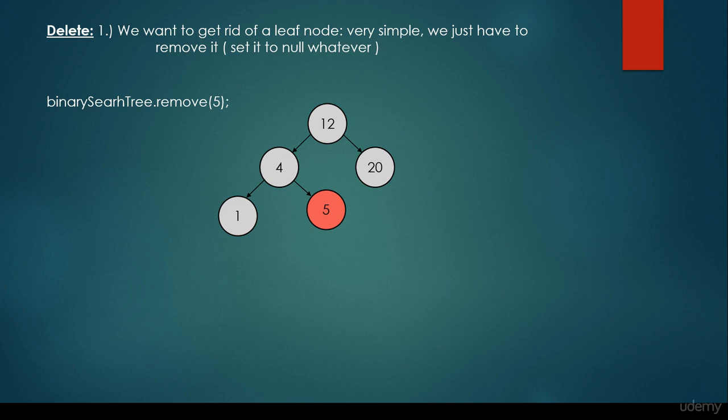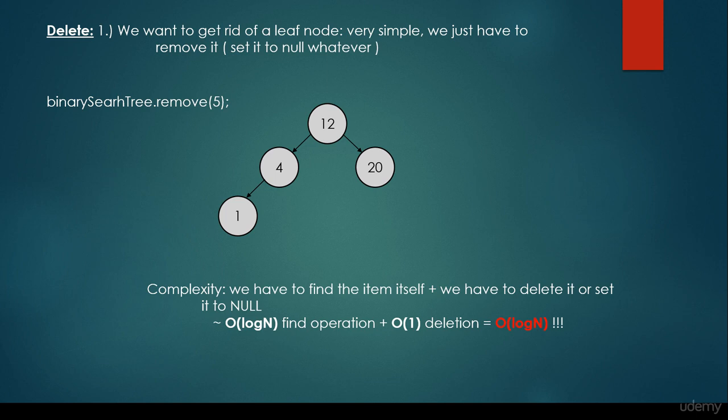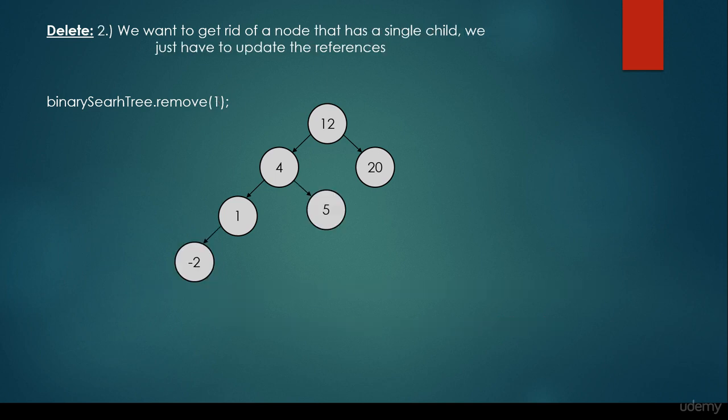So this is how we find a given node we want to get rid of. We check whether it is a leaf node. How are we able to decide that? If all of its children, so the left child and the right child, are equal to null, it means that this is a leaf node. We just have to set it to null. The complexity is logarithmic, as we have discussed for binary search trees.